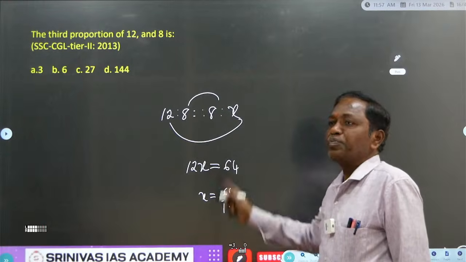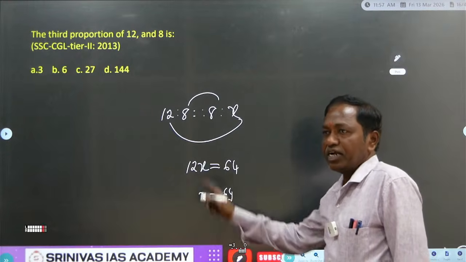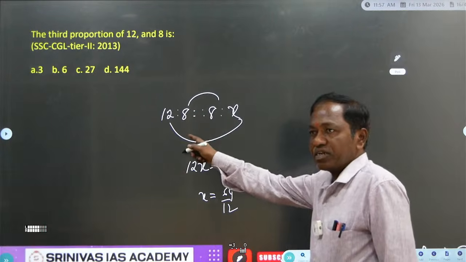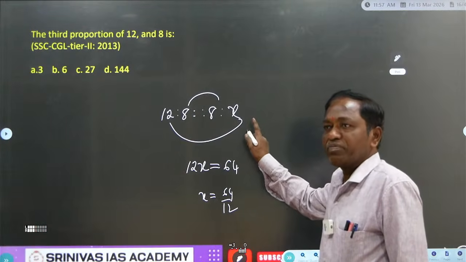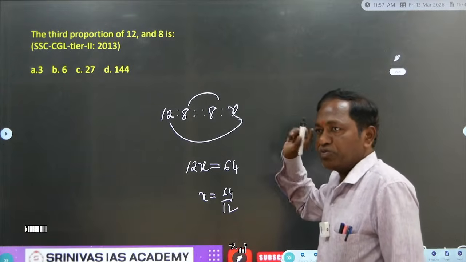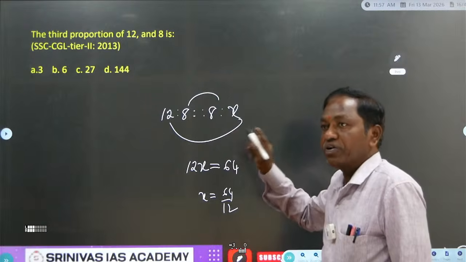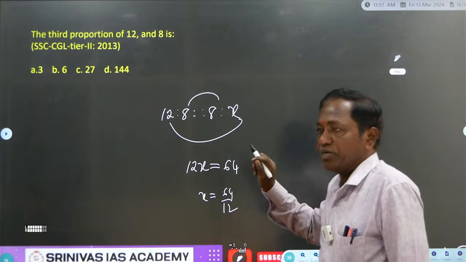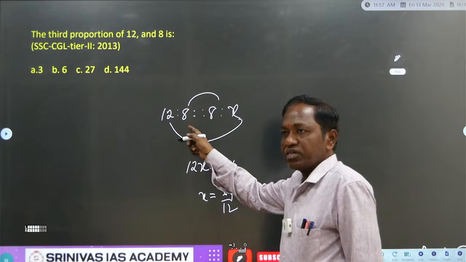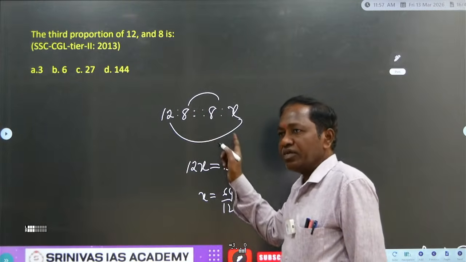This is a continued proportion. 12, 8: if two numbers are given, the last term can be treated as the x value. Don't say second proportion, third proportion, fourth proportion, because we can't remember them. You can say the last term can be treated as x. If two terms are given, the second term can be repeated as the third term.